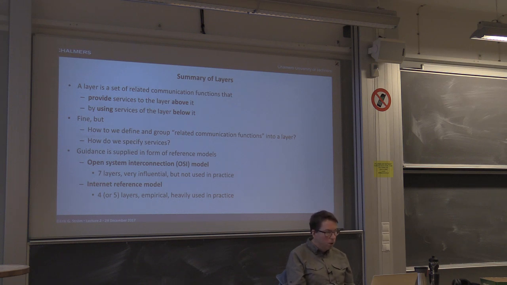So these reference models are very useful to think and understand how things work, and also how to engineer things. Now, in practice, these are only models, so they are not strictly 100% used in practice. So practical protocols might bend the rules here and there, right? Okay, but that's just life, I guess.